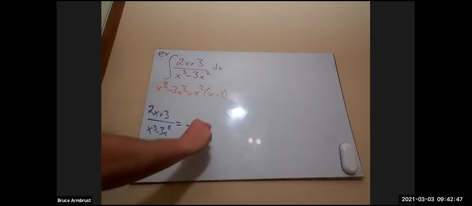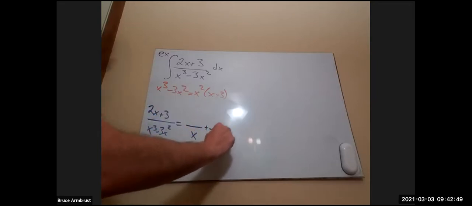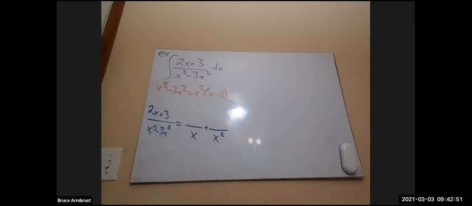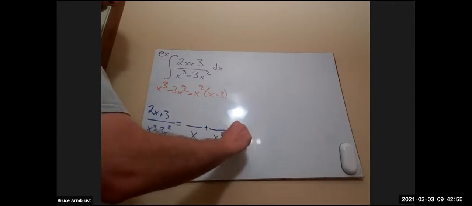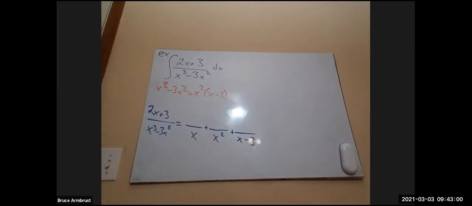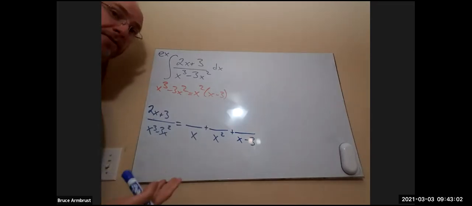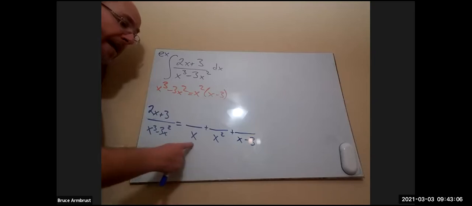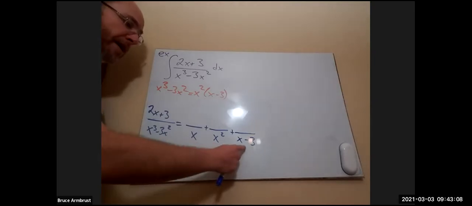That's x squared, which tells me there's another one with an x squared on the bottom. And then there's a factor of x minus 3. That's going to be my third one. So this one also has 3 pieces, but they're going to be x, x squared, and x minus 3.